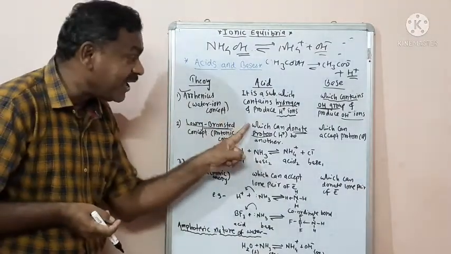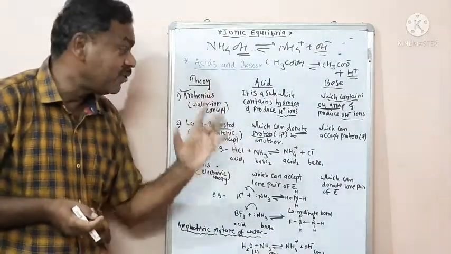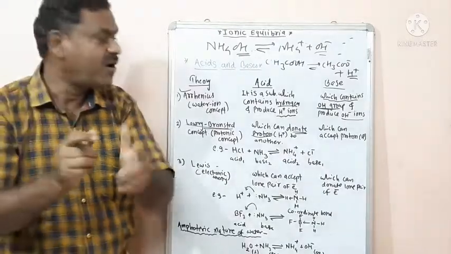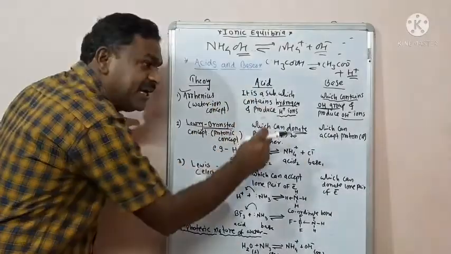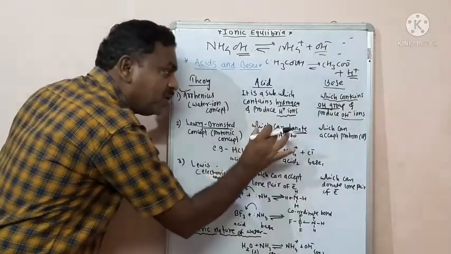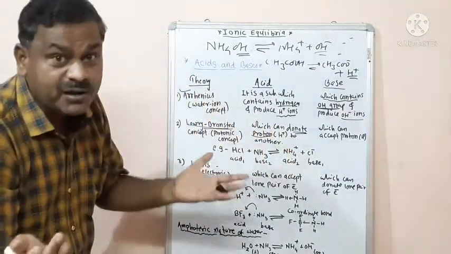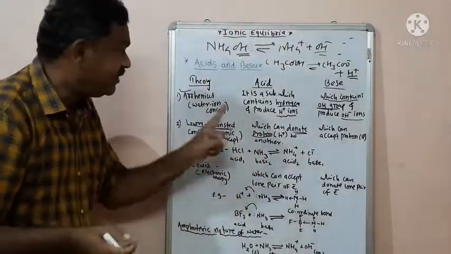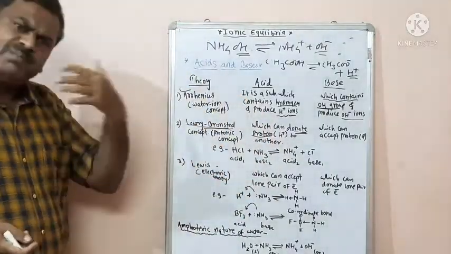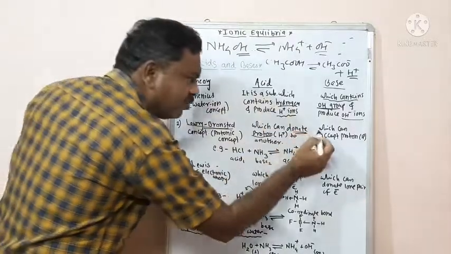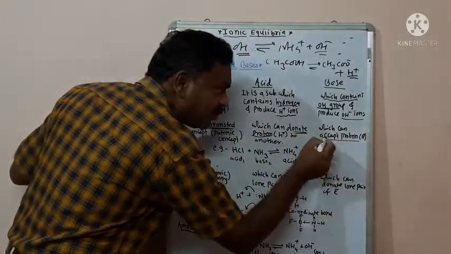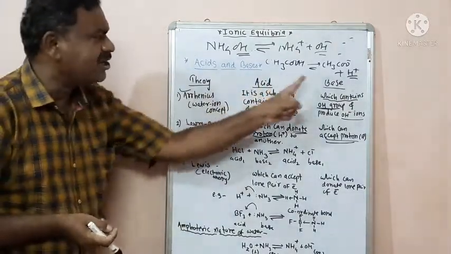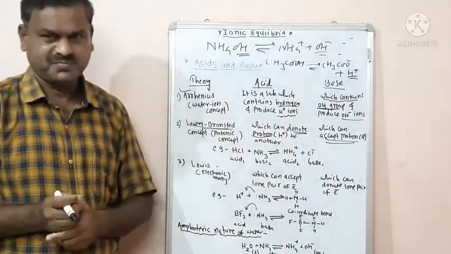That is known as the acid according to the Lowry and Bronsted concept. In short, the acid is nothing but a proton donor. And a base is a substance which can accept the proton from another substance.